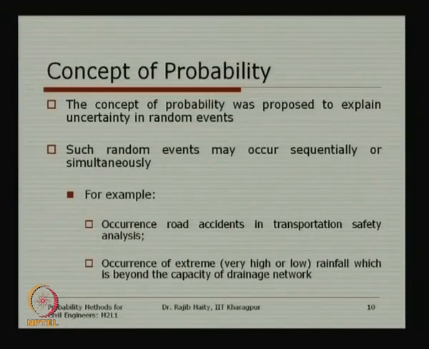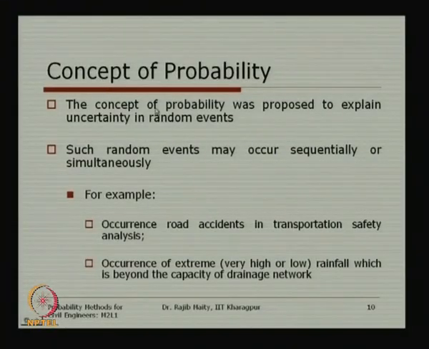Now, whatever we have understood so far about the sample space and its events, we will try to understand the concept of probability here. The concept of probability was proposed to explain the uncertainty in random events. As we said, the outcome of a random experiment cannot be ascertained.